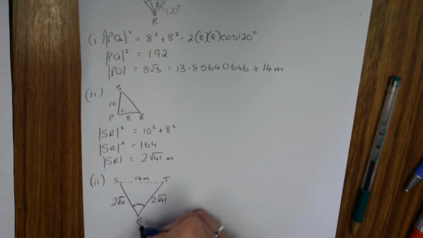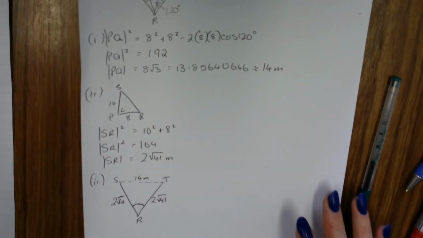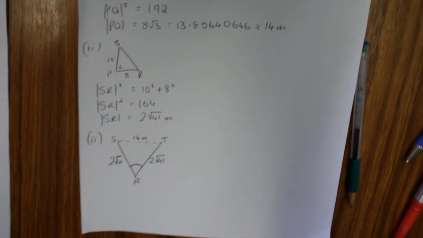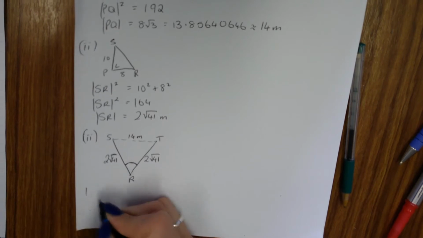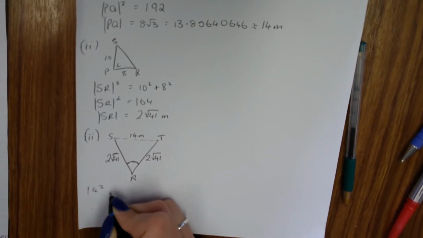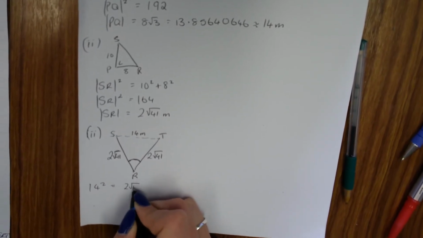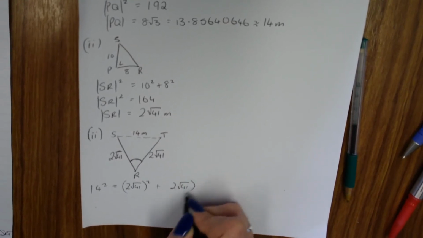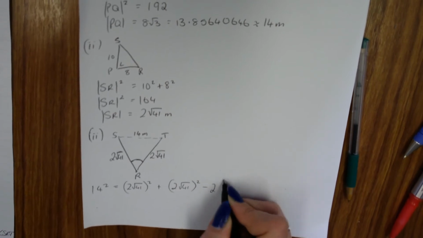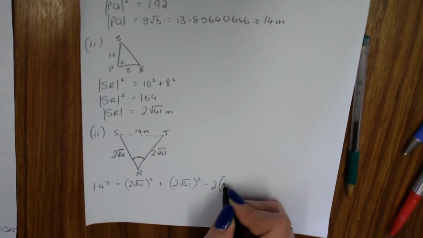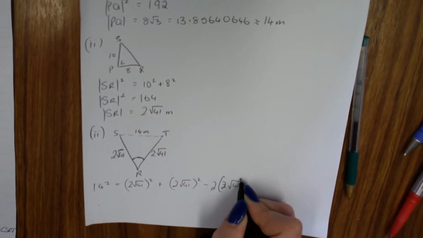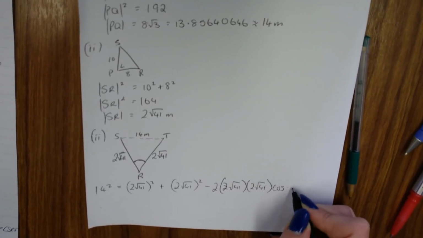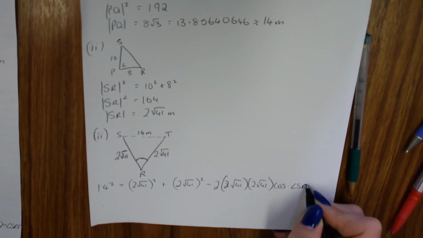So we can use the cosine rule to then figure out what we don't know. So we have 14 squared equals 2 root 41, all to be squared, plus 2 root 41, all to be squared, minus 2 times 2 root 41 by 2 root 41 times cos of angle SRT.